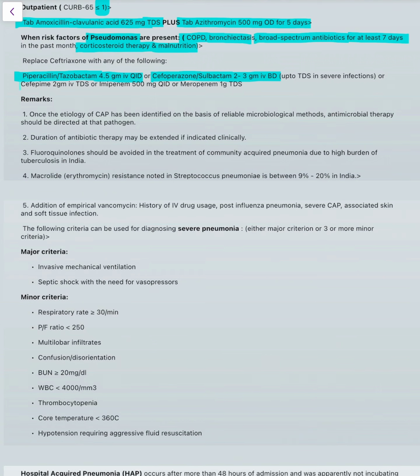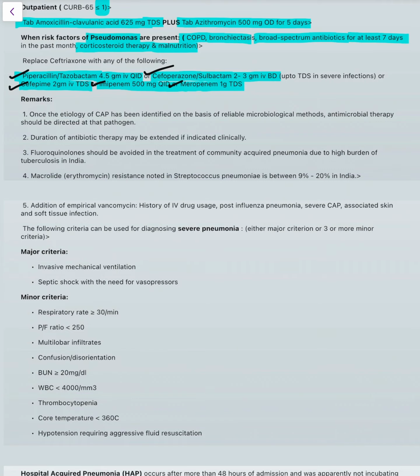Or cefepime 2 grams IV 3 times a day, or imipenem 500 mg 4 times a day, or meropenem 1 gram TID. So there are a total of 5 drugs you can use: piperacillin tazobactam, cefoperazone sulbactam, cefepime, imipenem and meropenem. One out of these, whichever is available in the hospital, you can use.